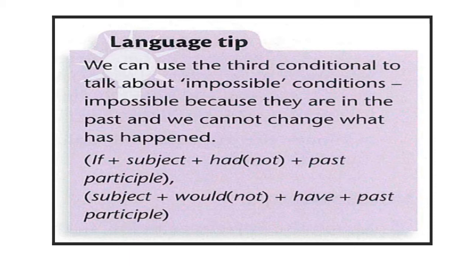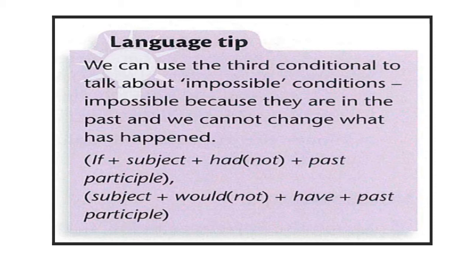Here you have if plus subject plus had or hadn't, then the past participle after had or hadn't. This is the first sentence. In the second sentence, you have subject plus wouldn't or would have plus past participle.